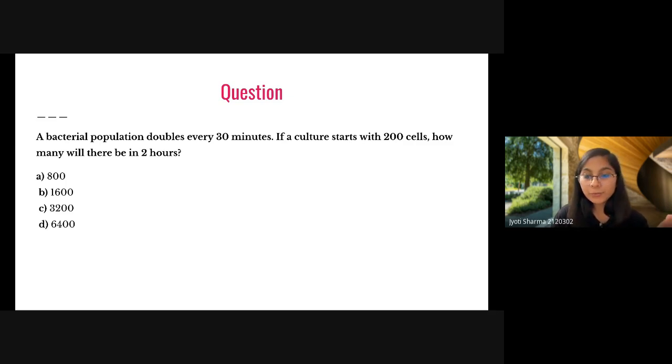First you have to tell me how many generations have been completed after 2 hours. Because one generation takes 30 minutes, right? In 2 hours, how many generations do you have? Then, based on the number of generations and the initial number of cells, you can calculate the bacterial cells after 2 hours.